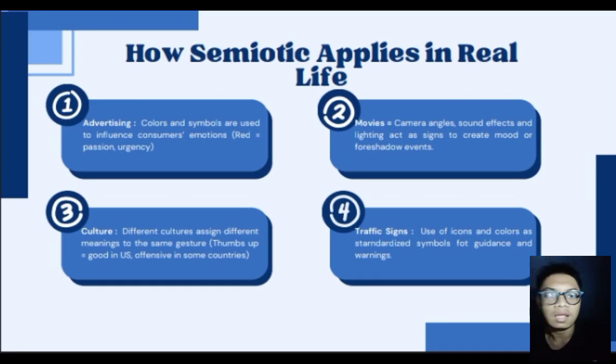in advertising and branding, companies carefully use signs to influence how we feel about their products. An example is McDonald's. McDonald's has a big yellow M on a red background.